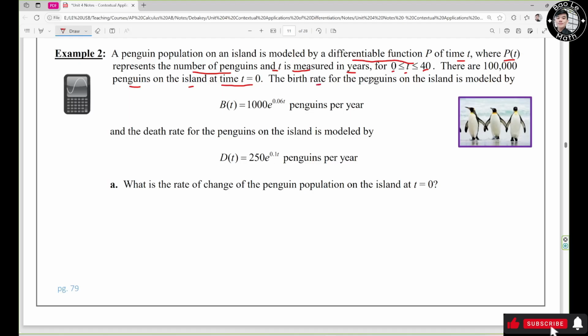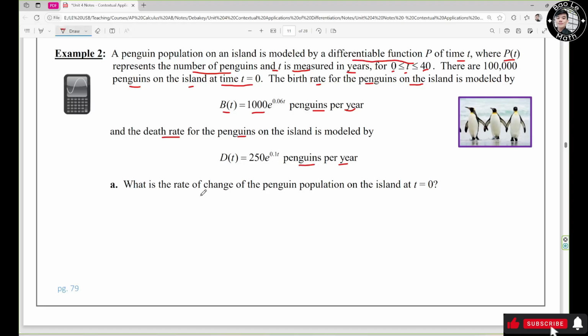The birth rate for the penguins on the island is modeled by b(t) equals 1000 e^(0.06t) penguins per year, and the death rate is modeled by d(t) equals 250 e^(0.1t) penguins per year.